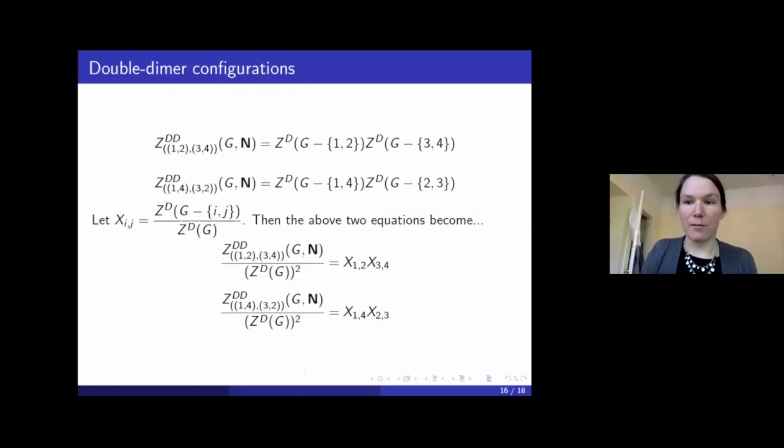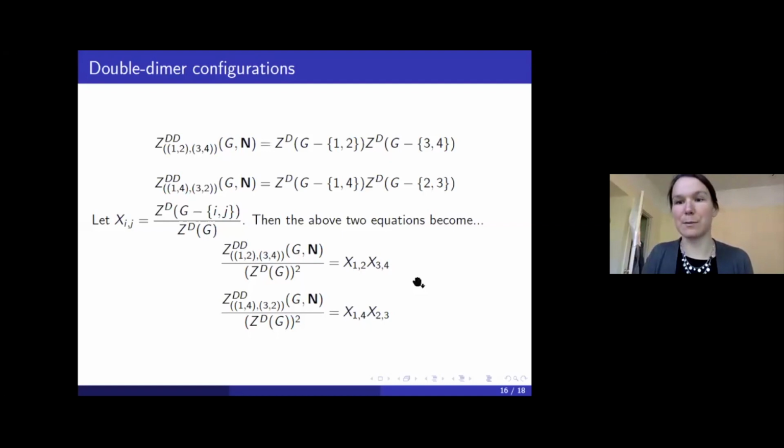And if we define this quantity x_ij to be the partition function for dimer configurations of G_ij divided by the partition function for dimer configurations of G, then we can write these 2 equations as this quantity that almost looks like a probability, because it's the number of double dimer configurations with a particular pairing divided by this quantity that's sort of close-ish to the weighted sum of all double dimer configurations, is equal to this product x_12 x_34.